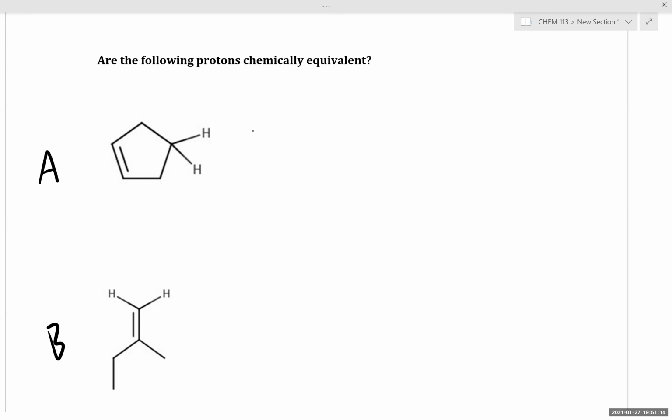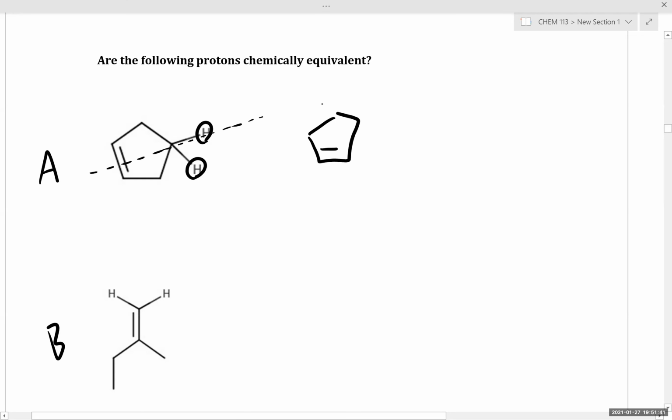Does anyone have a comment for example A or B? What do we think about these protons? Are these protons chemically equivalent or not? So we see a lot of students saying A, the protons are chemically equivalent. We can bisect the molecule in half, and we note that these two protons can be split by an axis of symmetry.